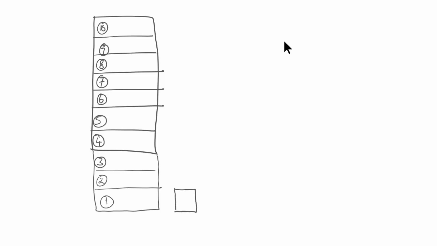The elevator is currently on the first floor or the 0th floor, depending on how you look at it. And the user is here. Say the user is here on the 9th floor, right? The user is here on the 9th floor and the user presses the button. The elevator has to move up to the 9th floor, right?